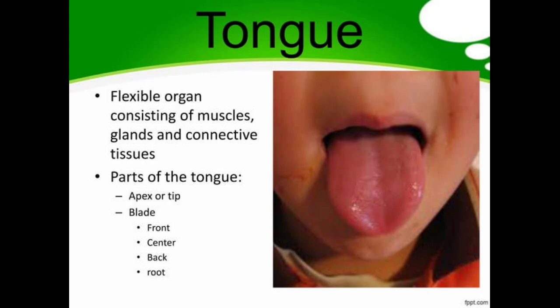For example, a high vowel is produced by raising the tongue close to the palate, such as I or U. A low vowel is produced by lowering the tongue away from the palate, such as A. A front vowel is produced by moving the tongue forward in the mouth, such as E. A back vowel is produced by moving the tongue backward in the mouth, such as O. A rounded vowel is produced by rounding or pursing the lips, such as U or O. An unrounded vowel is produced by spreading or relaxing the lips, such as I or E.